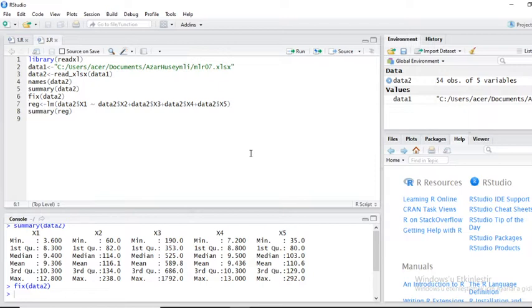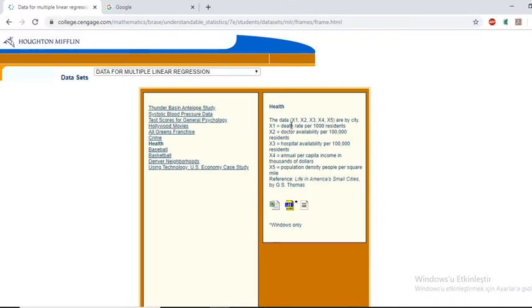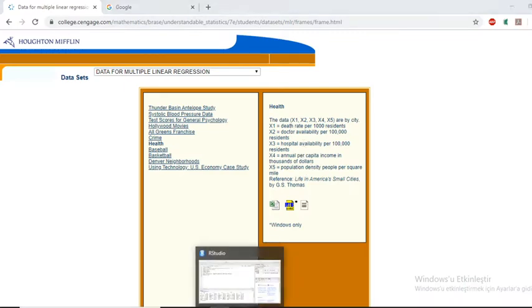So let's do the regression and see if there is a relation between the death rate and availability of doctors, density, actually the variables are hospitals, availability, income, and other variables.